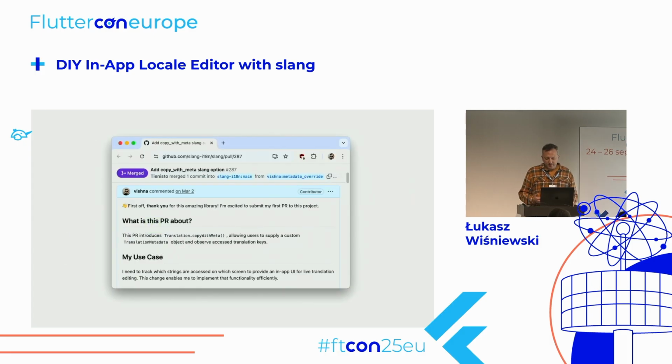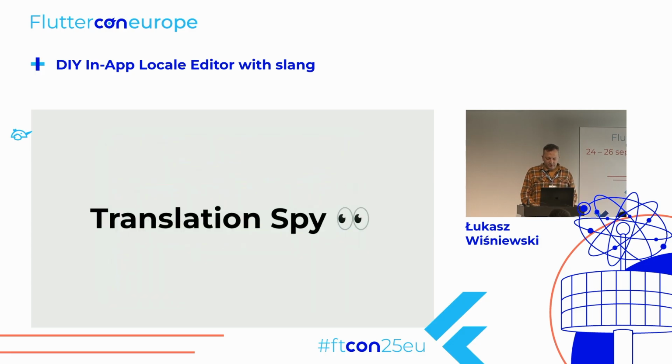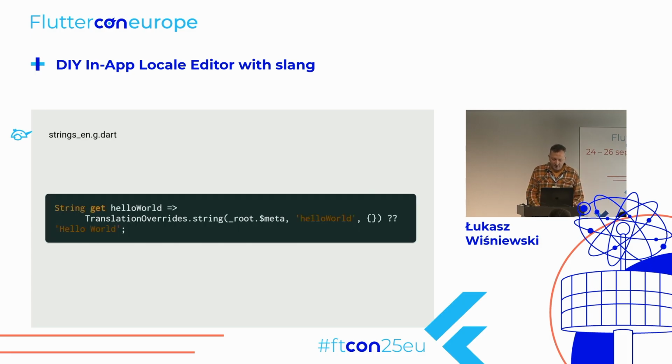To address that, I made a PR to the Slang library, and it got merged. So I'm going to quickly talk about how we can spy on users, what we see. So we need to look at what Slang is generating. And here you can see the generated piece of Dart file for hello world. There is this $meta element, and that's the interesting bit.